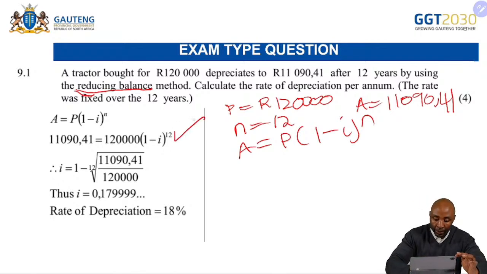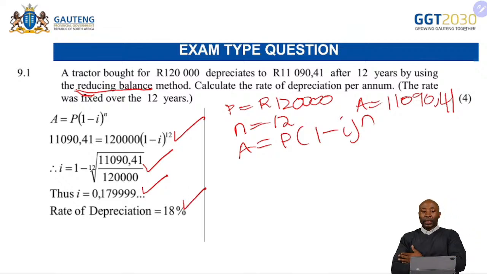You get 1 mark. You are also going to use your manipulation to get there. You'll get your i as 0.17999, and then we will get our solution as 18%. So we get our 4 marks there.